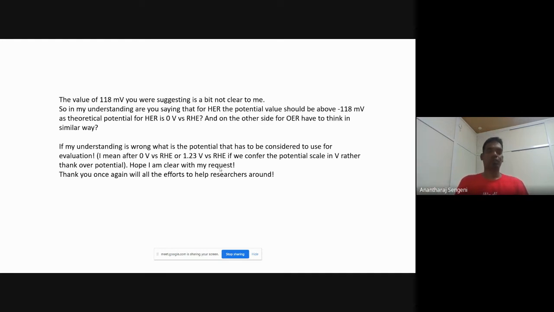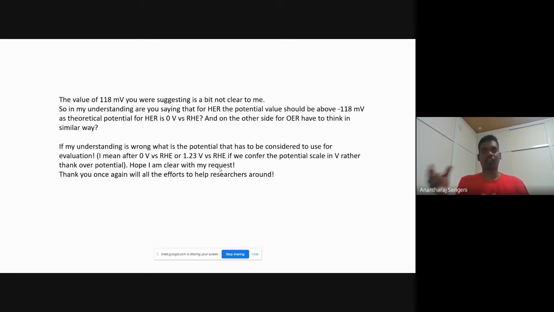From the absolute rate theory of electron transfer proposed by Professor Marcus, who won a Nobel Prize for the same, at any given moment of time there can be only one electron transfer. More than one electron cannot be transferred at the same time, and it is very highly improbable.